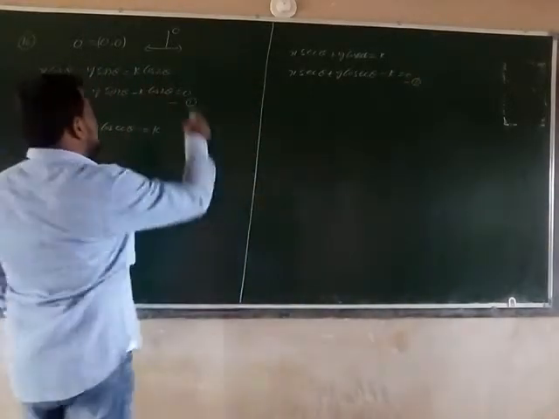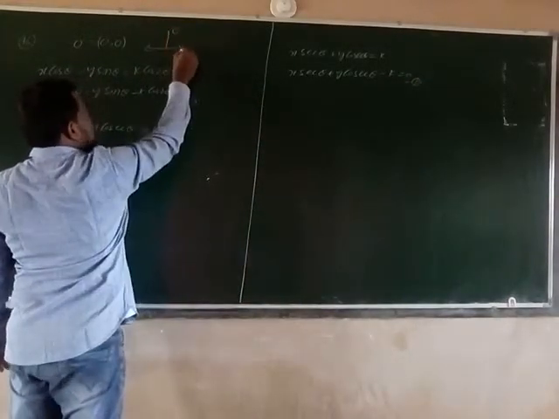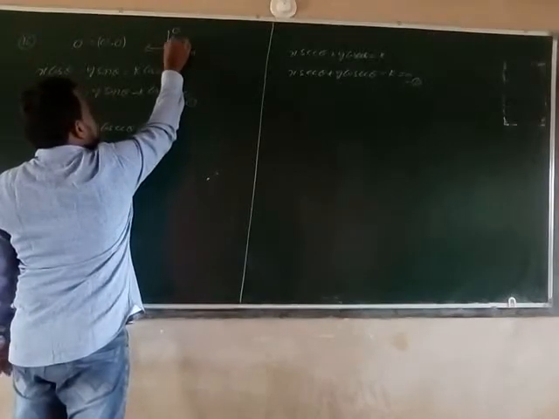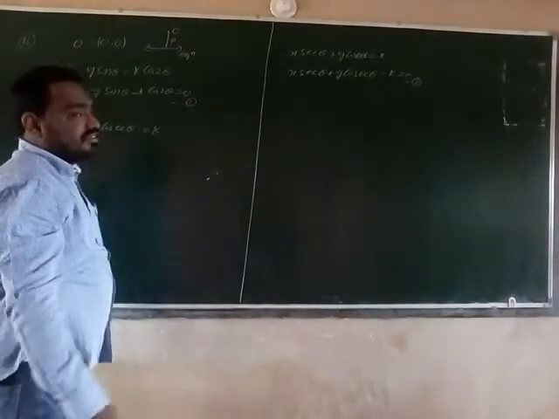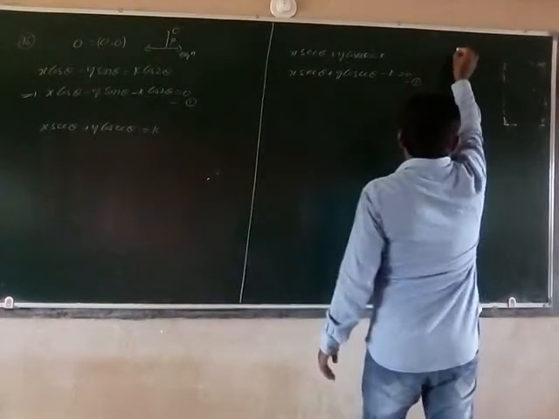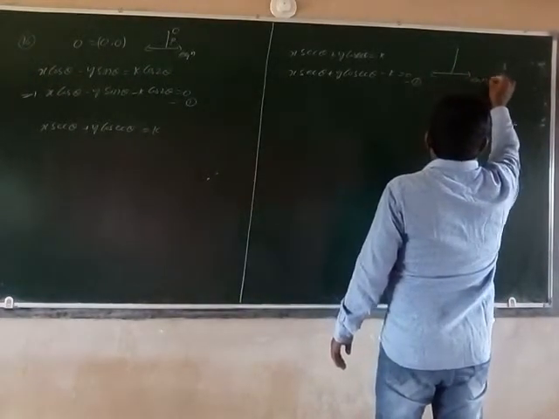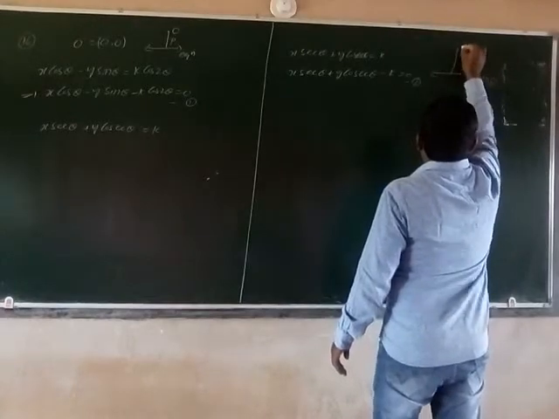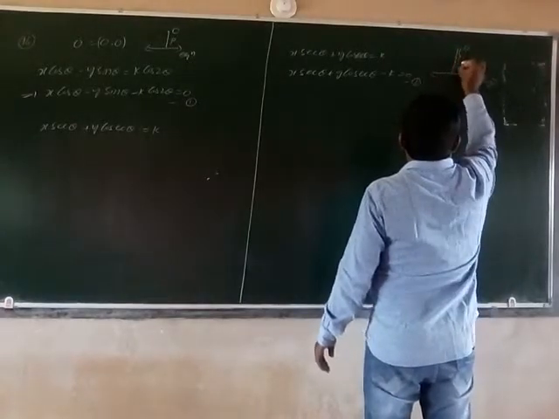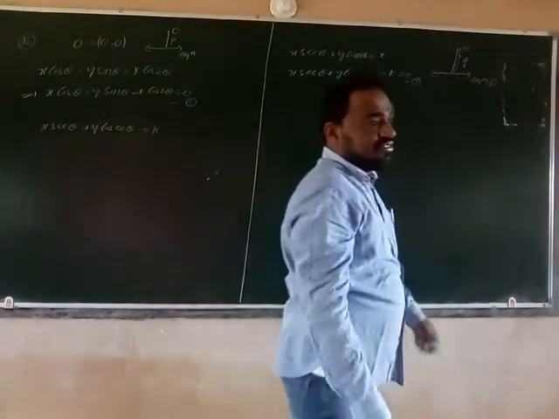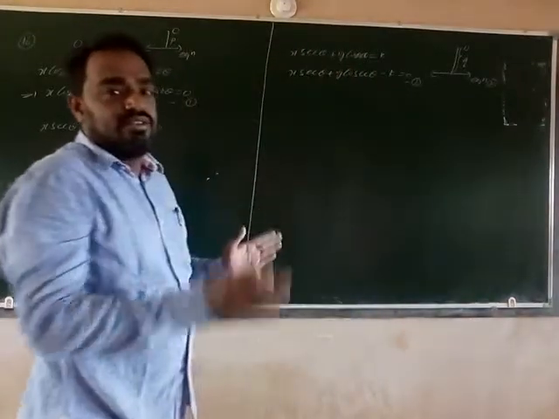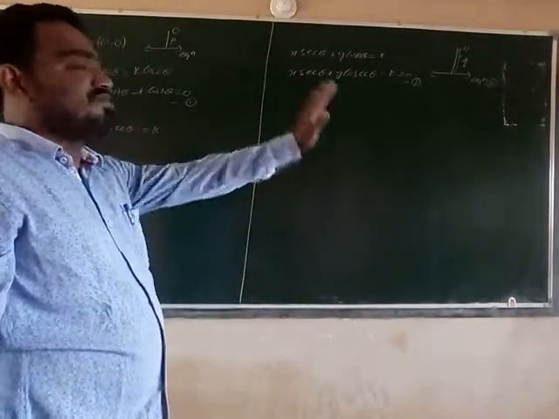This is equation number 2. The perpendicular distance from the origin to equation 1 is p, and the distance from the origin to equation 2 is q. So we need to find p and q, and then 4p square plus q square.